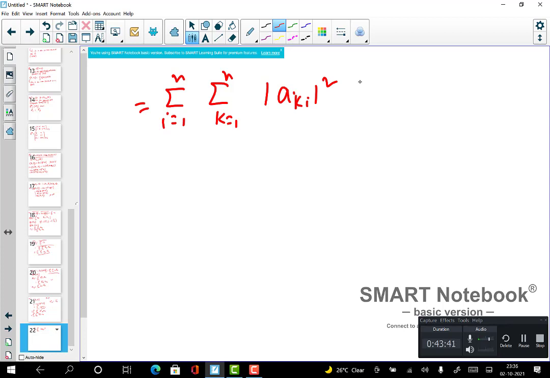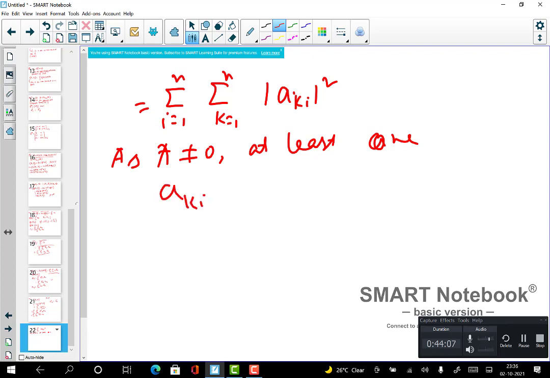Now you see that because A is a non-zero matrix, that means at least one entry is non-zero, right? So as A is not equal to 0, at least one a k i is not equal to 0.